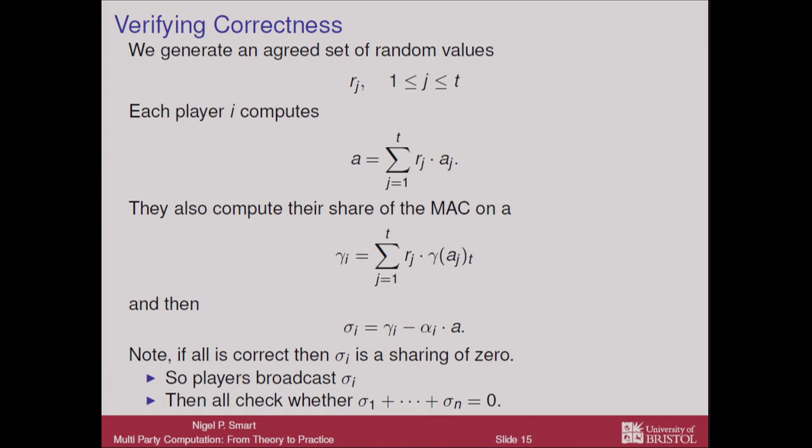Each party forms sigma_i, which is gamma_i minus alpha_i times A. We know that. We've just computed that. That's our combined share of the MAC. That's the global value we've just computed. And then we broadcast the sigma_i's. And if all the computations are correct, then the sigma_i's must add up to 0. So in other words, checking the computation at the end is effectively broadcasting of one thing.